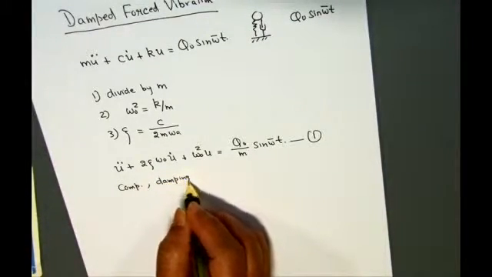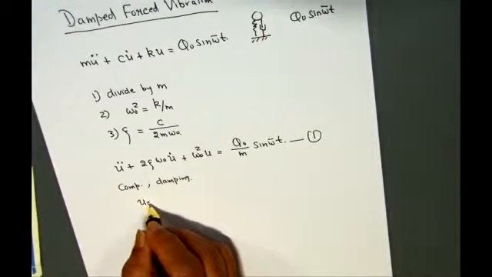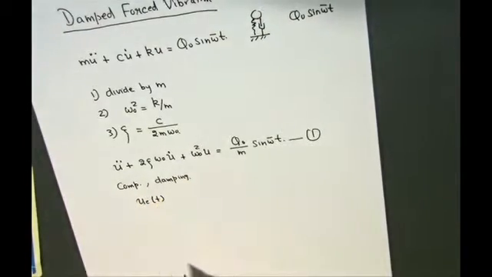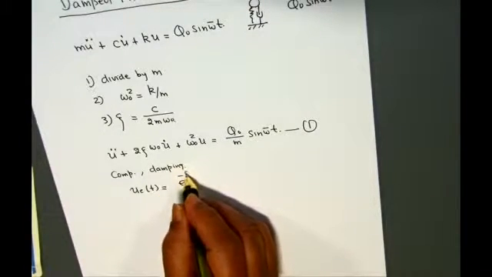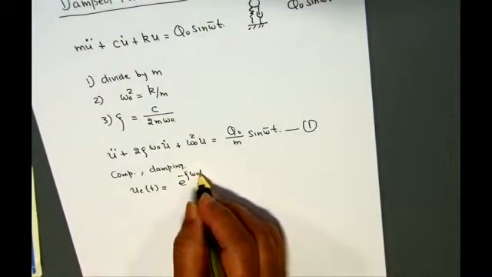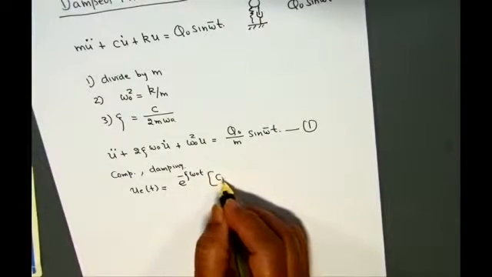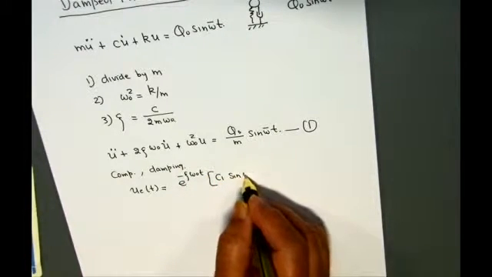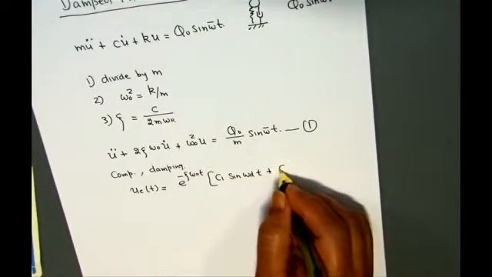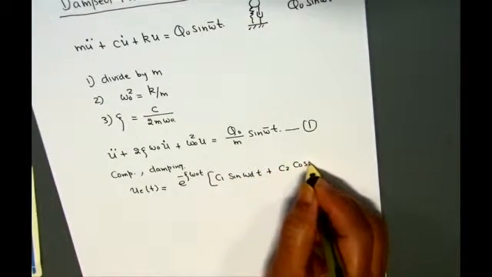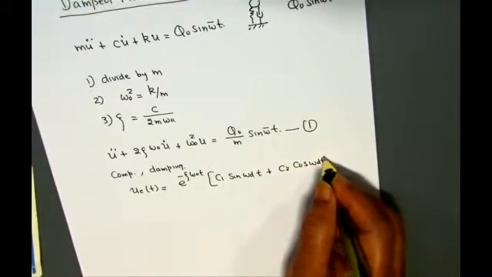So we can write u sub c of t, the complementary solution, is equal to e to the power minus zeta omega 0 t times c1 sine omega d t plus c2 cosine omega d t, where omega d is the damped frequency.